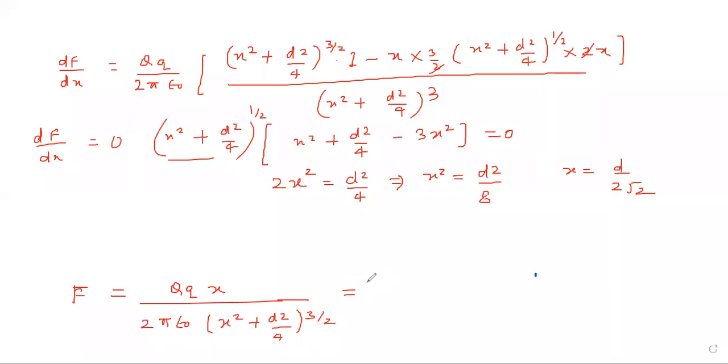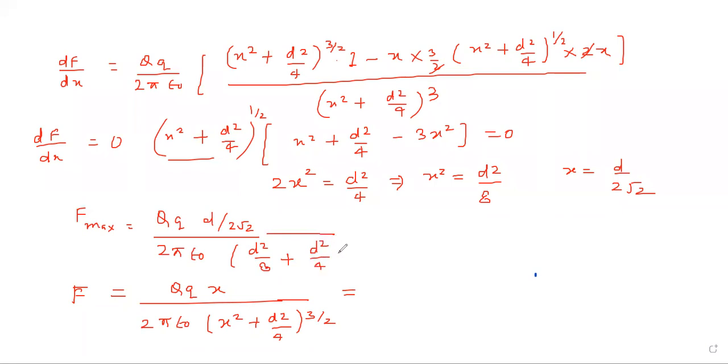F maximum: in place of x, we write d upon 2 root 2, divided by 2 pi epsilon naught times x square, where x square means d square by 8, d square by 8 plus d square by 4 whole power 3 by 2.